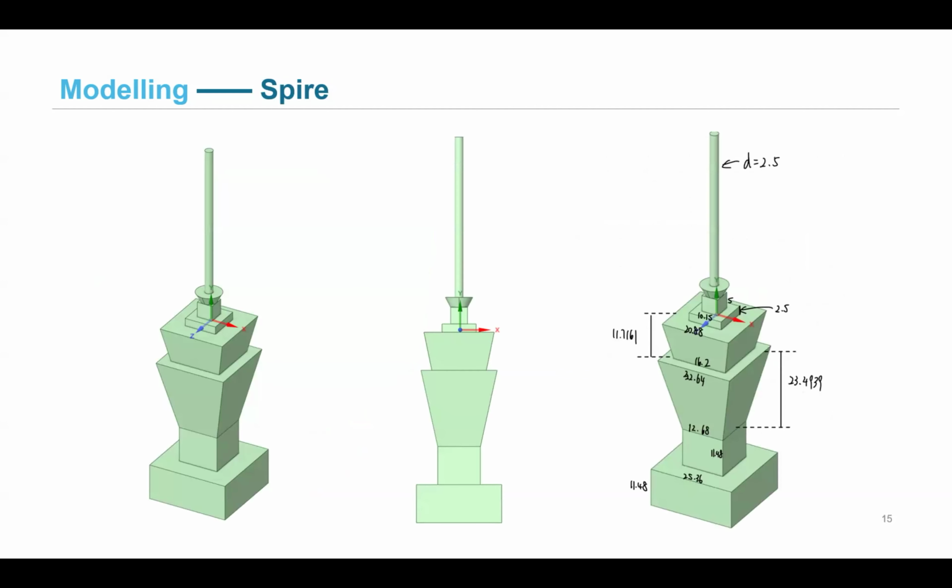On the top of the building is a spire. We made it individually because it's quite complicated, with so much data in it. And the area of its floor is much smaller than the previous floors. We can also find some frustums in it, like this and this.